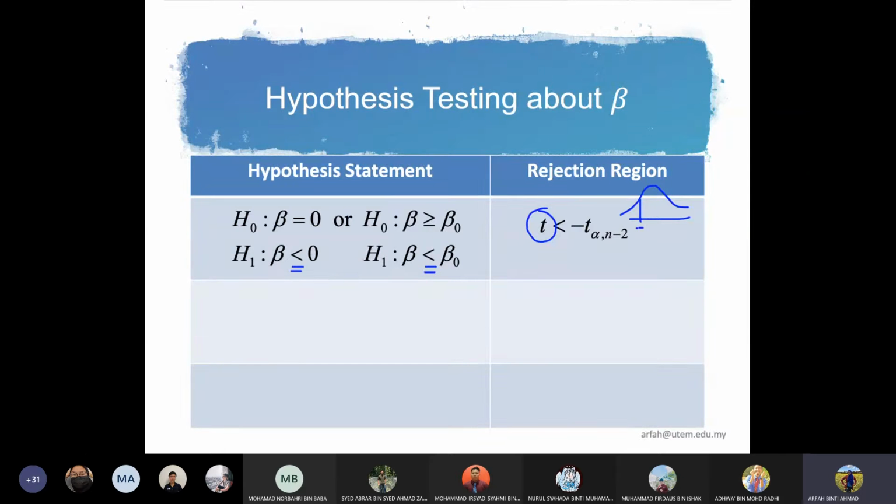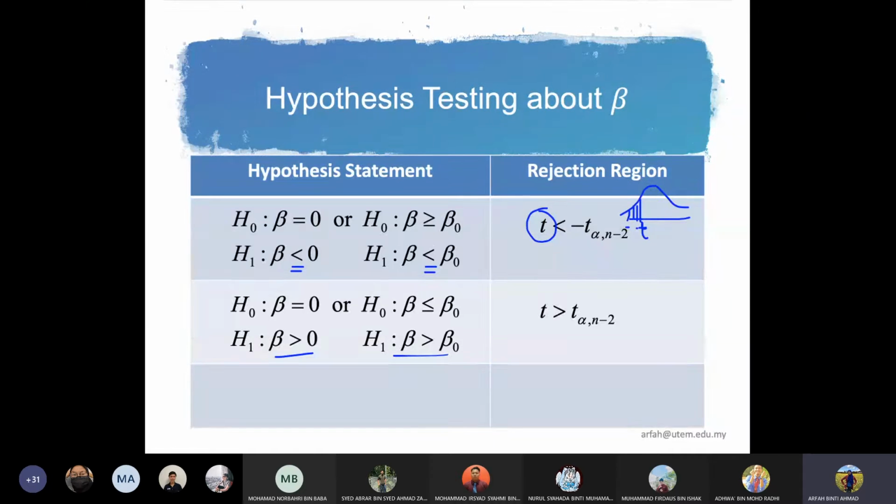So yang dekat sini adalah dia punya rejection region. Okay. Or if we do the testing of beta equal to 0 versus beta greater than 0. Okay. So kita akan reject H null bila test statistic is greater than T alpha, N tolak 2. So dekat sini adalah dia punya T alpha, N tolak 2. Okay.